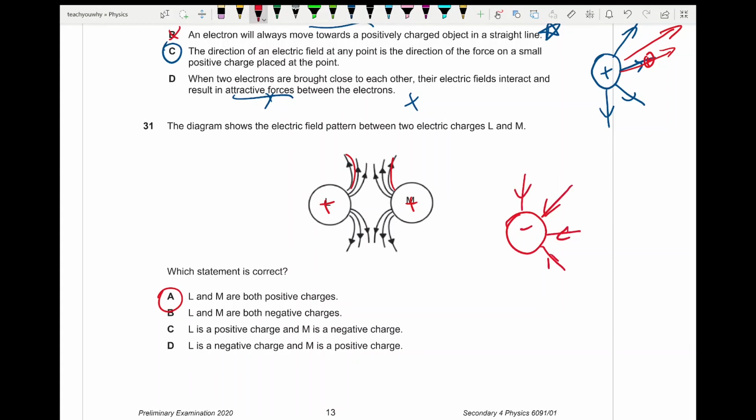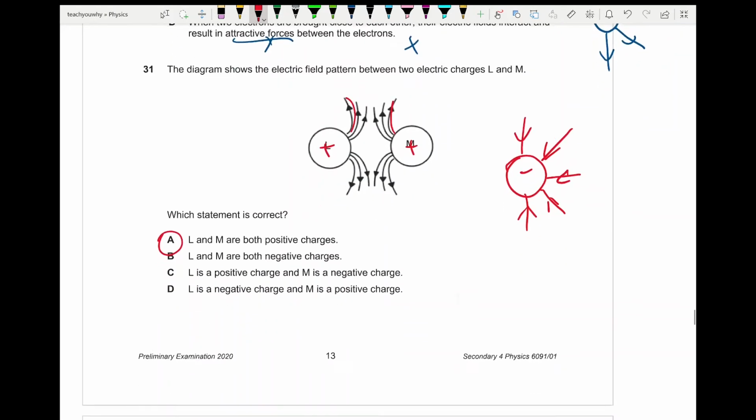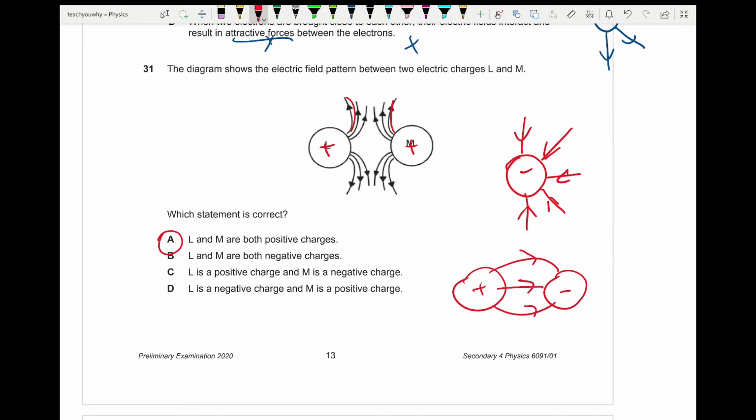But this is positively charged, therefore it's pointing outwards, and hence you can't say that they are both negative. L is positive and M is negative? No. If it is positive and negative, it will form field lines something like this.